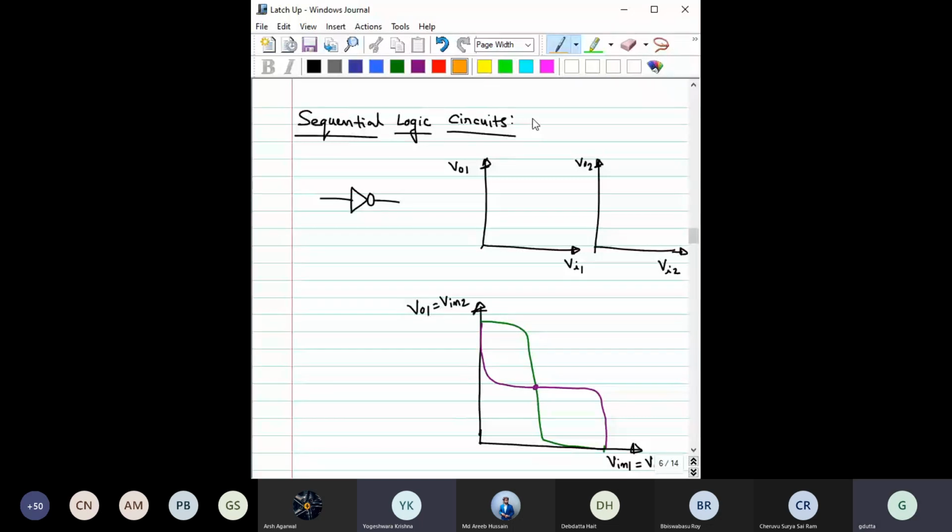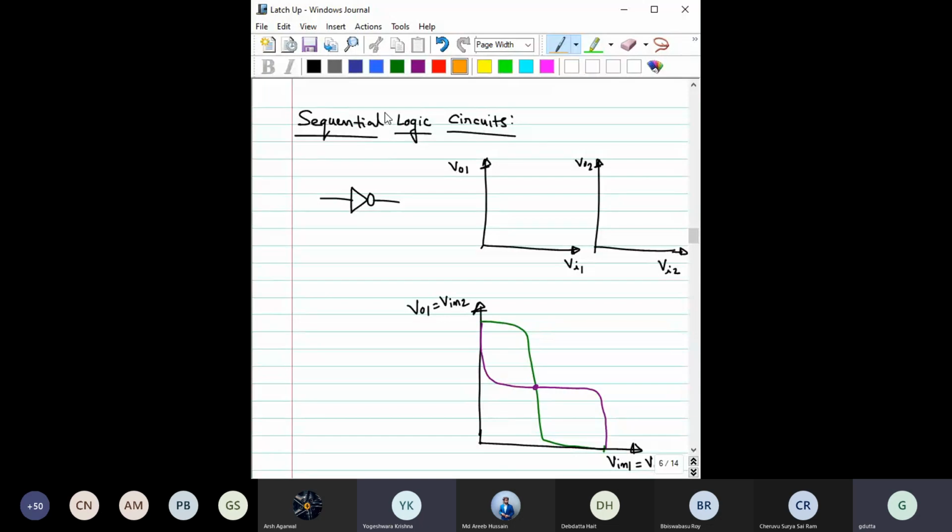But in a sequential logic circuit, you already know that it is basically a combination of combinational logic plus a memory element in the feedback, so that the output of this sequential circuit will not only depend on the input alone, but also on the previous output or outputs, right? Okay. So with this objective in our mind, let us start.